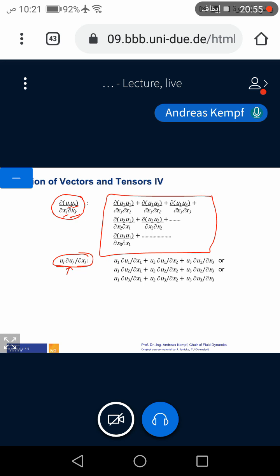This is the so-called free index, or in German, freier Index. So this keeps one index. So this must remain a vector. But each component of this vector is a sum over all the values of i.